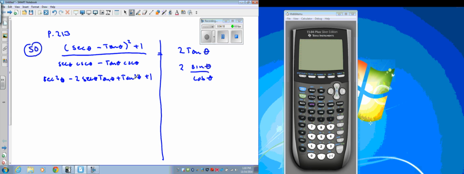This thing, if you look at your identity, the possibilities, you could replace tangent squared plus 1 with secant squared. I don't know if that helps us any. This one, notice there's a cosecant in common in both. So I could write this as cosecant theta times secant minus tangent. I don't know whether this is helping me any.